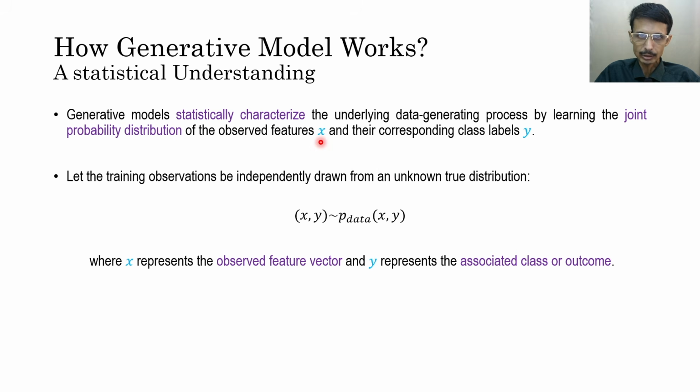So it's a joint probability distribution of the observed feature X and the corresponding class label Y.